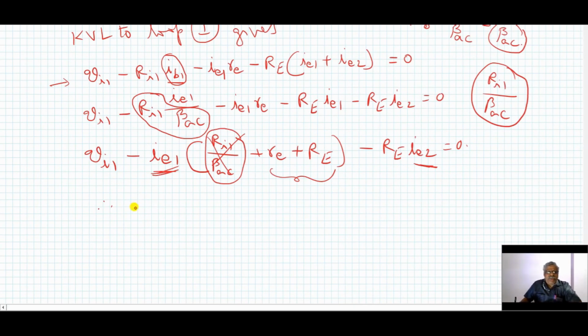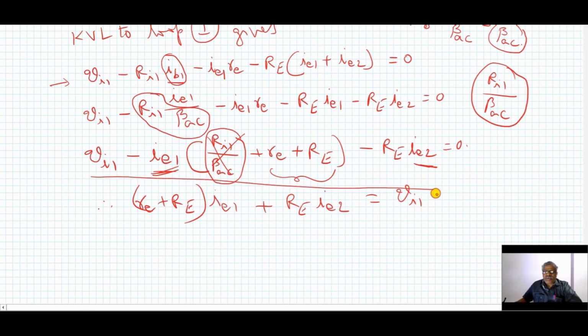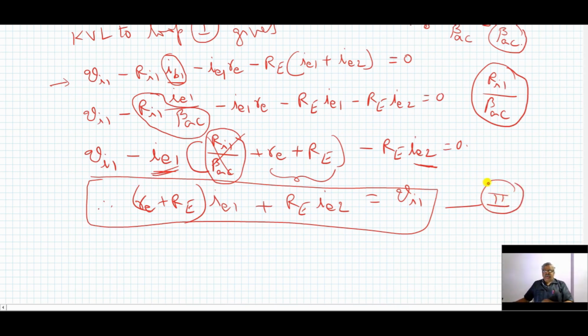Here, this is small re plus capital RE into IE1 plus capital RE into IE2 is equal to Vi1. If you rearrange the terms, this is the expression we get. So, this is the first loop equation. Let us call this equation number 2.